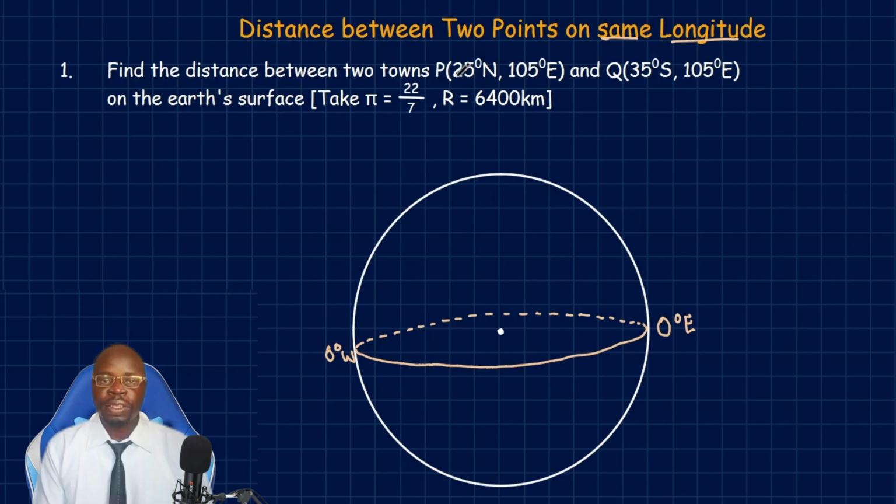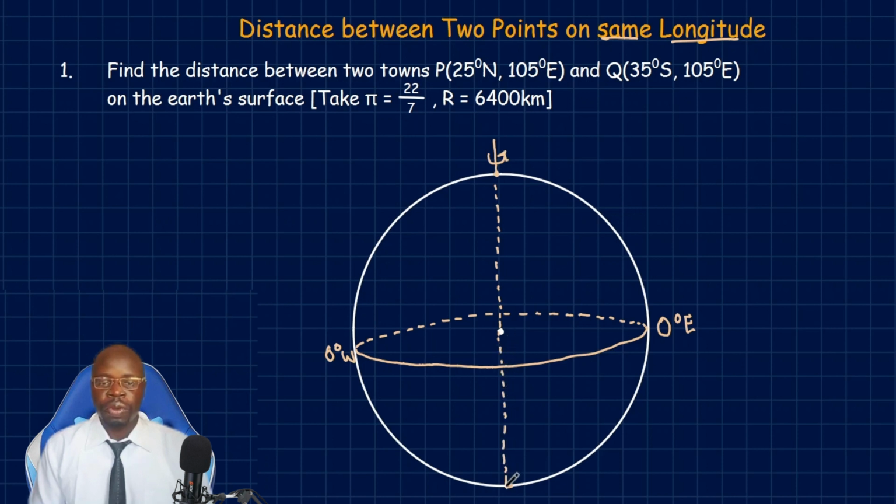The second thing is that we have to plot these coordinates on the surface of the earth. Looking at the first point P, we have 25 degrees towards north. Before we go for that, we can also indicate the North Pole and South Pole, and we need a reference point, which is the axis. We know the earth is rotating in that direction, so we can take it all along up to the southern hemisphere.